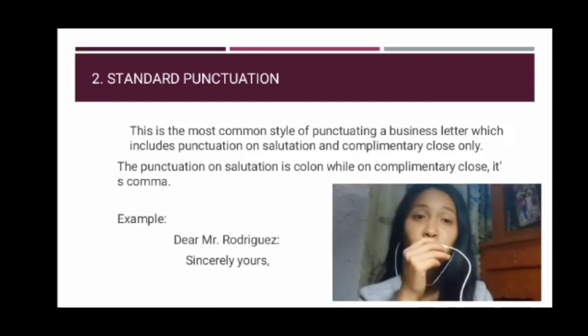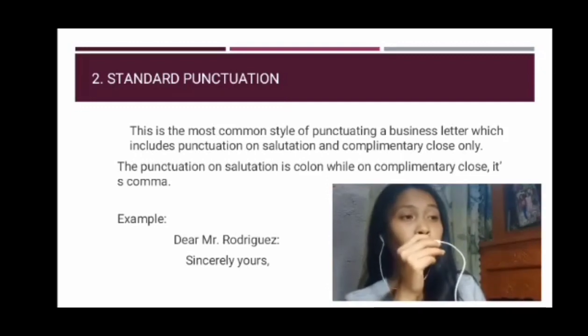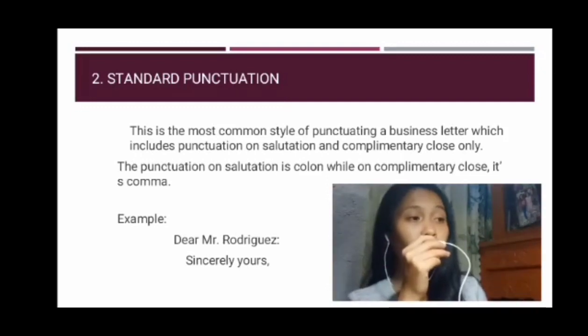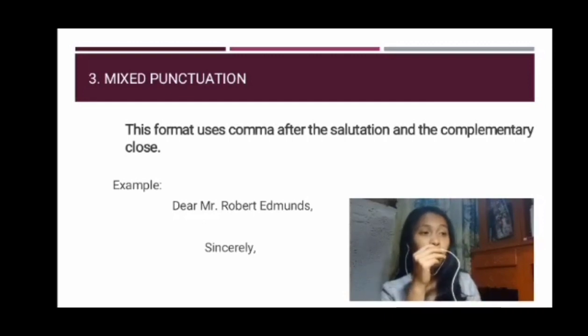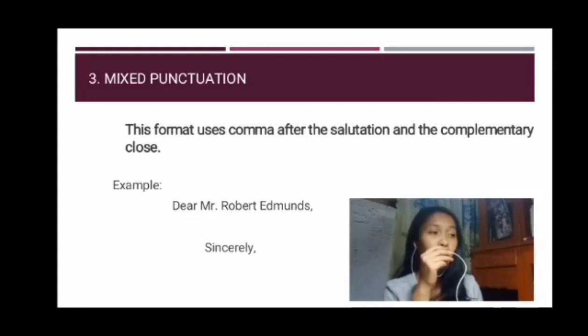The punctuation used in standard punctuation is a comma only after the complimentary close, and a colon in the salutation. In mixed punctuation, for the salutation you choose either a comma or a colon, while in the complimentary close it is only the comma.